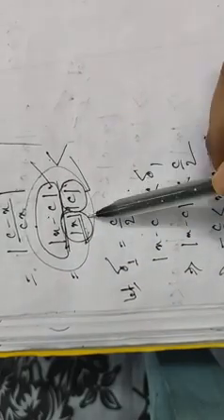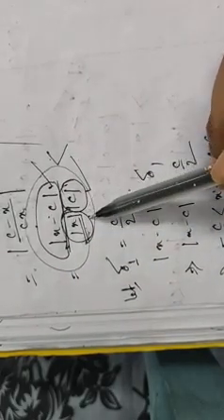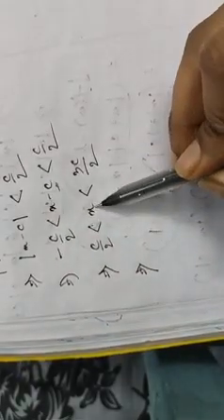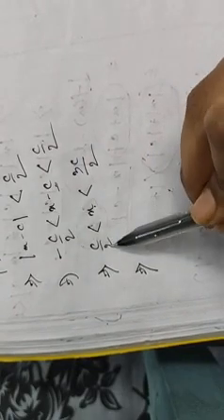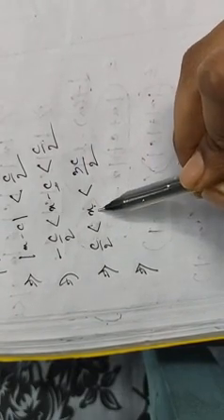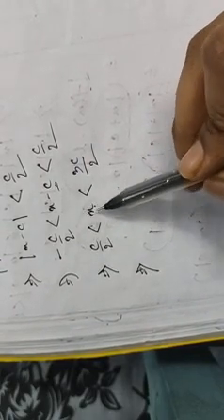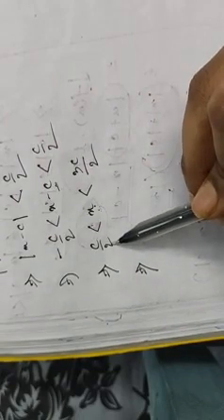Now check, here we have 1 by x, right? Whenever x is greater than something, 1 by x is less than that thing's reciprocal. Here x is greater than c by 2, so we can write 1 by x is less than 2 by c.